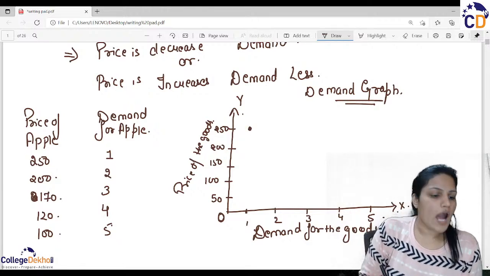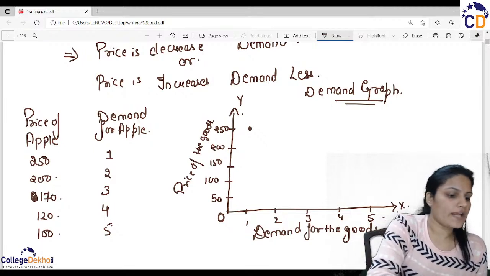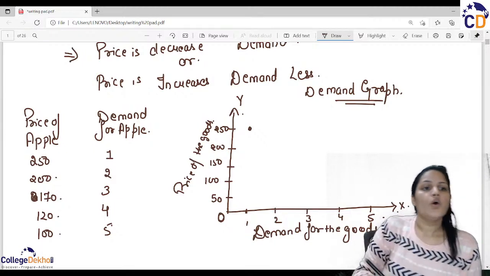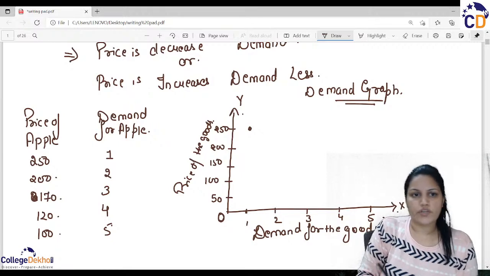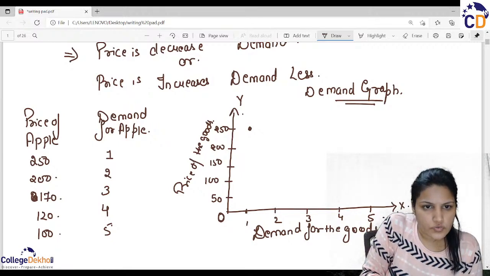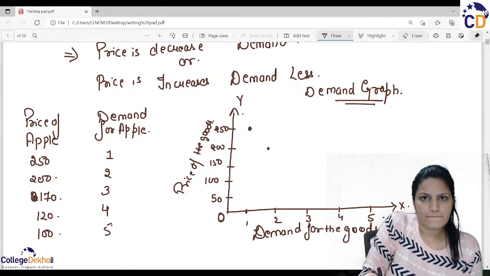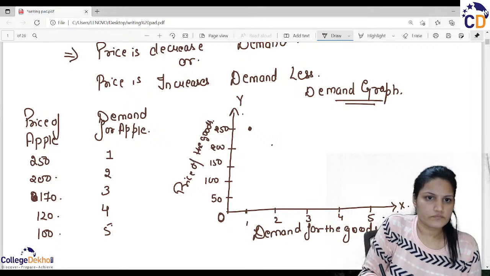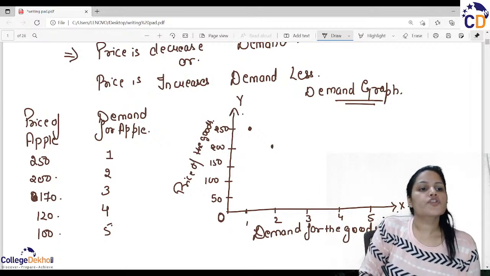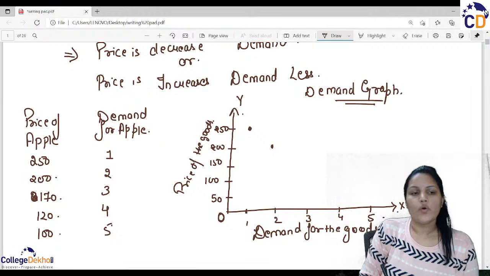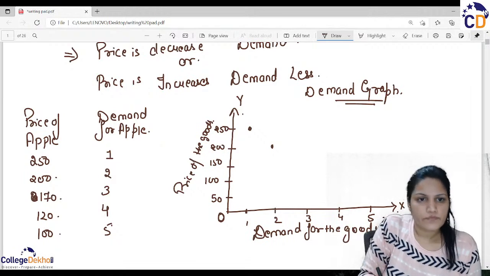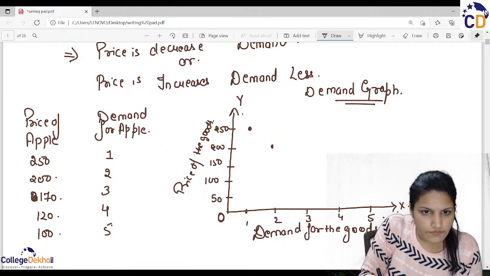At 200, we will demand 2 kg. So here is 2 kg. At 170, we will demand 3 kg. So here is 170, it would be like this.